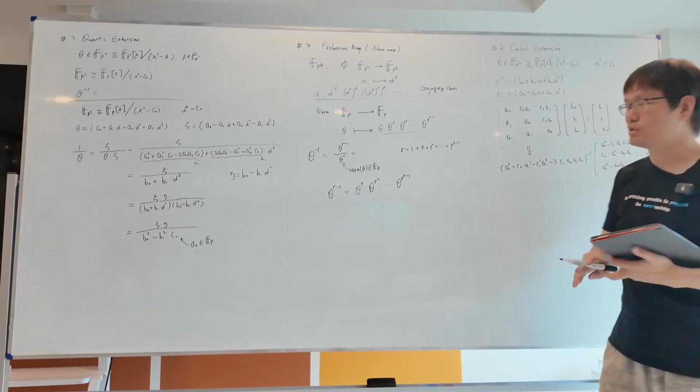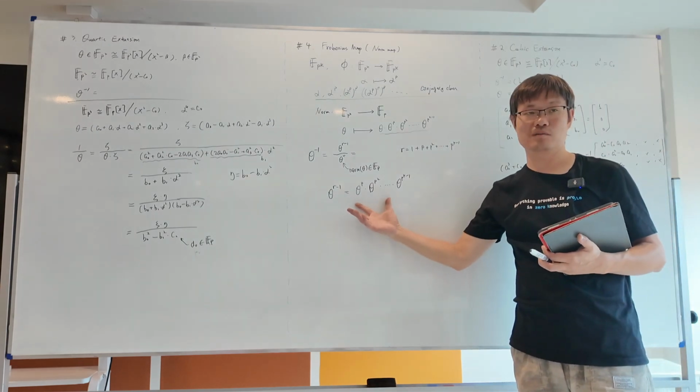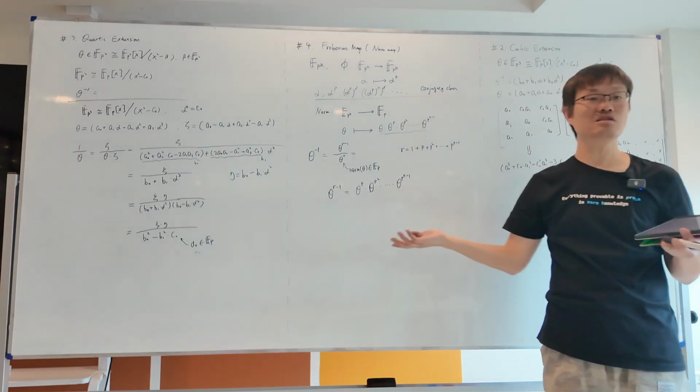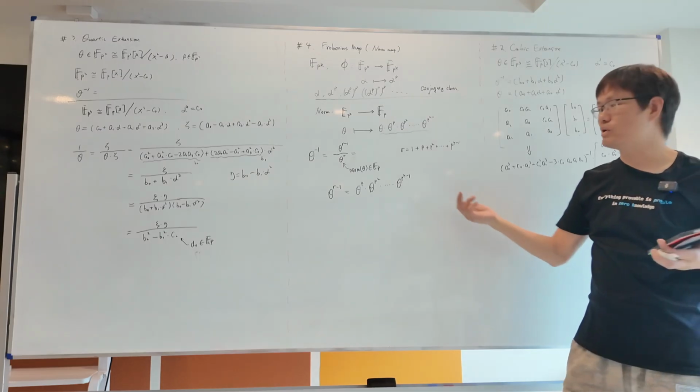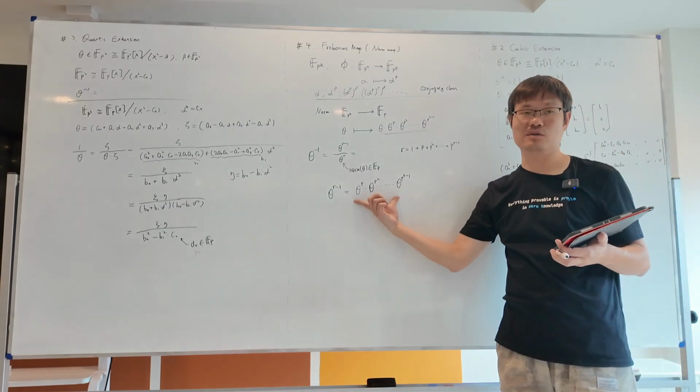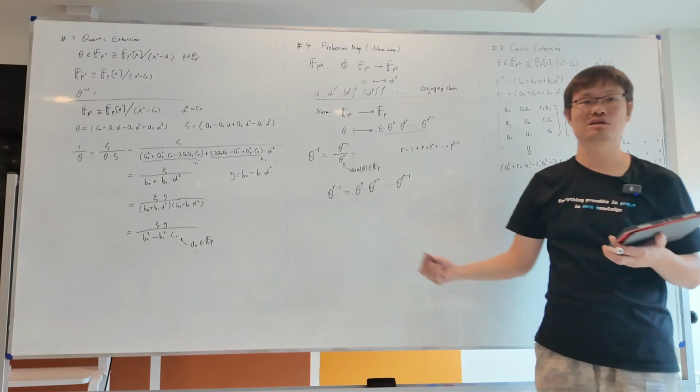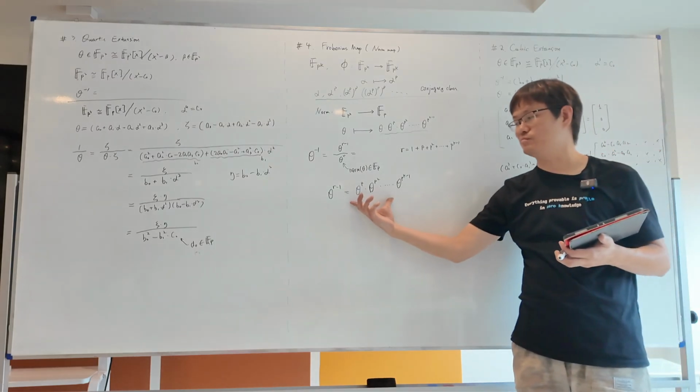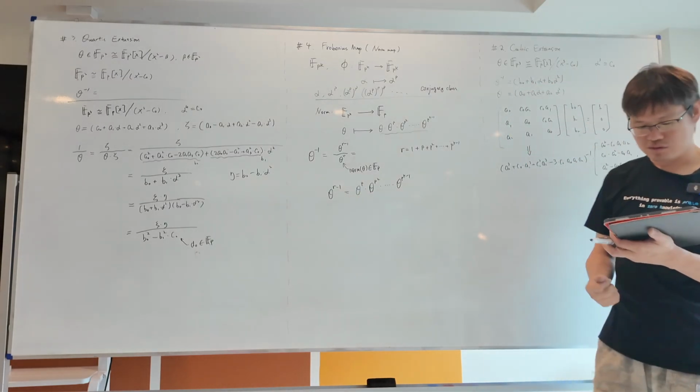But this element is over the extension field, so we still have to do a lot of multiplications over extension field elements, which is also expensive.